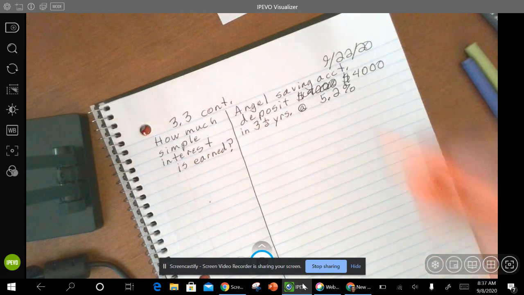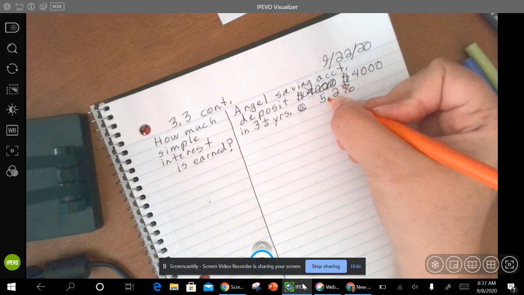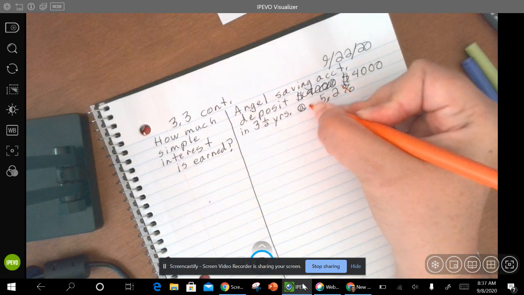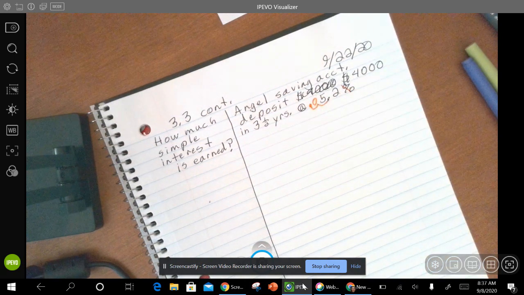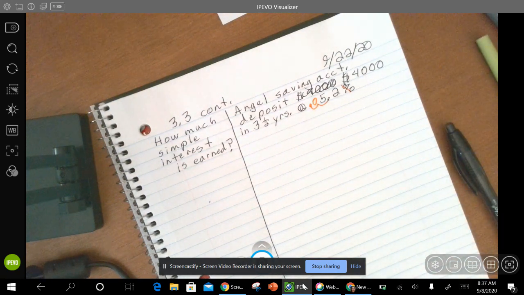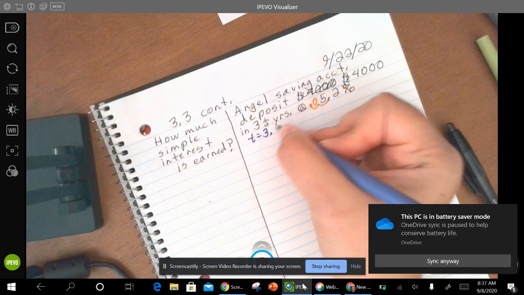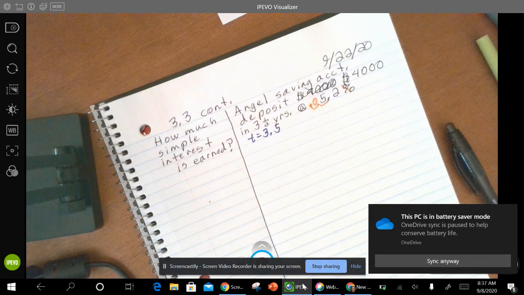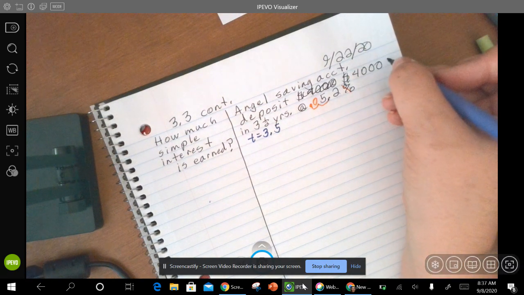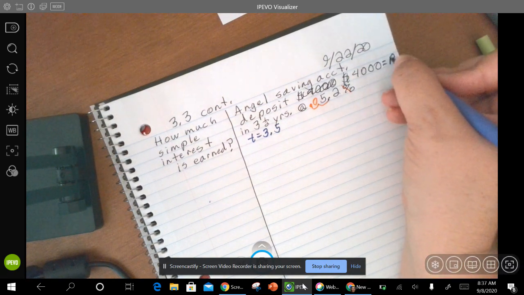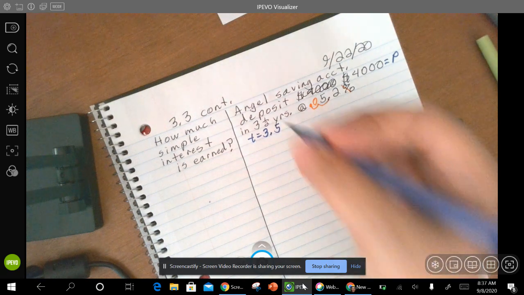Remember with this, you can drop the percent sign and go to the left, add the decimal and the zero. 3.5 years, everybody. So for the time, that one half, I always think of half a dollar, so 50 cents, so 3.5. Our $4,000 is our principal, our balance.